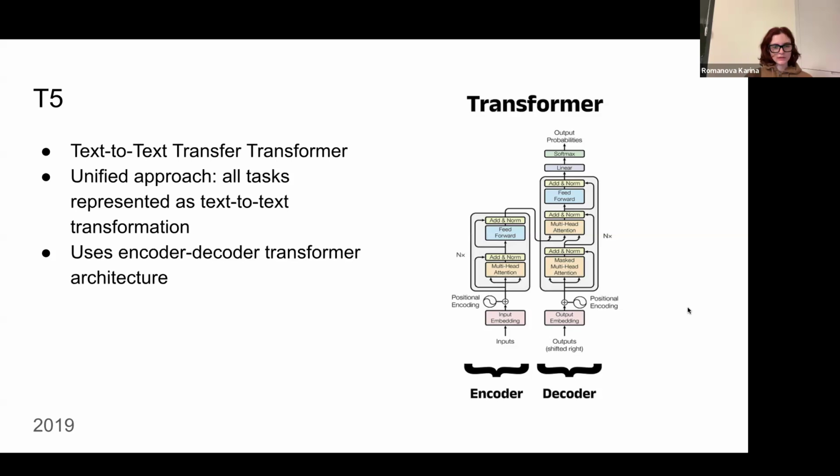T5, or text-to-text transformer, approaches all tasks as a text-to-text problem. This means every input-output pair, from translation to classification, is represented in text format, enabling T5 to handle multiple types of tasks within a single unified framework. And let's discuss architecture. T5 uses an encoder-decoder transformer structure.